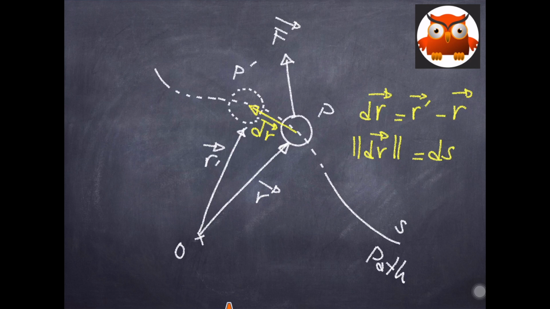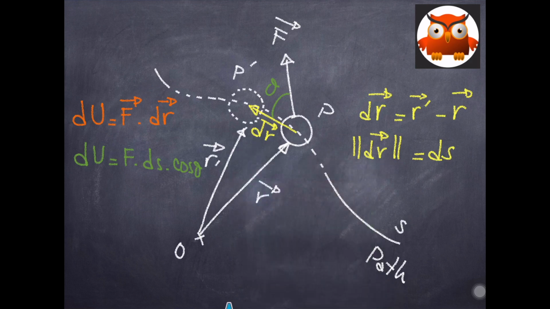So the baby work is equal to the dot product of the force vector times dr. Now if we assume that the angle between the force F and dr is theta, then we can evaluate the dot product as the magnitude of the force F times the magnitude of dr, which is ds, times cosine the angle theta.